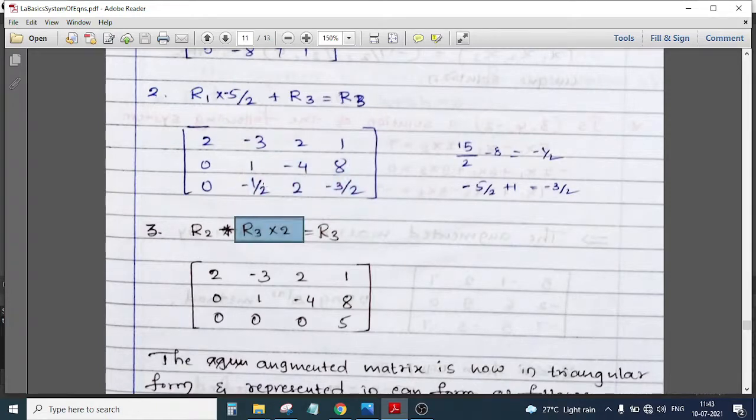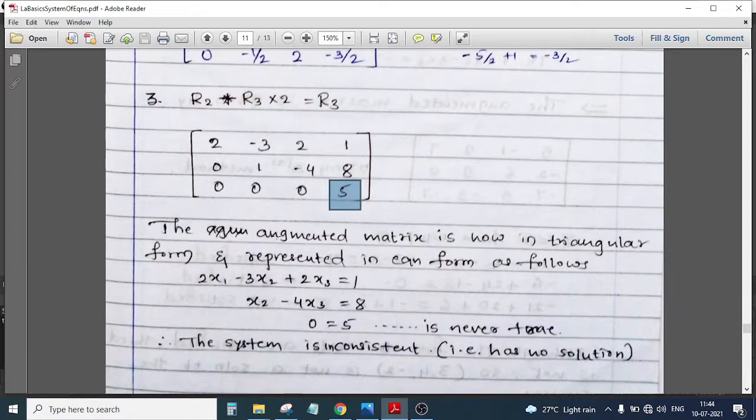What will you get? 2 into minus 1 by 2, 0. Next, 2 into 2. Here again you are multiplying with 2, so again you will be getting a 0. Finally, minus 3 by 2 into 2, again you will be getting 5. Okay. So finally you can see here 0 is equal to 5.